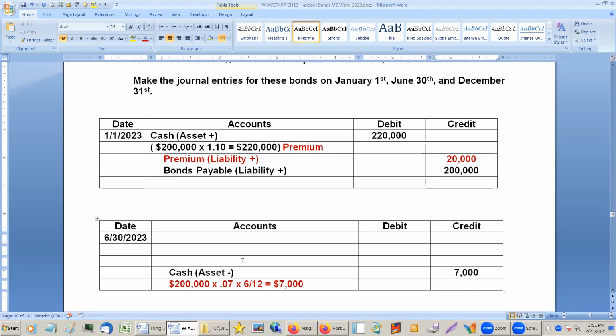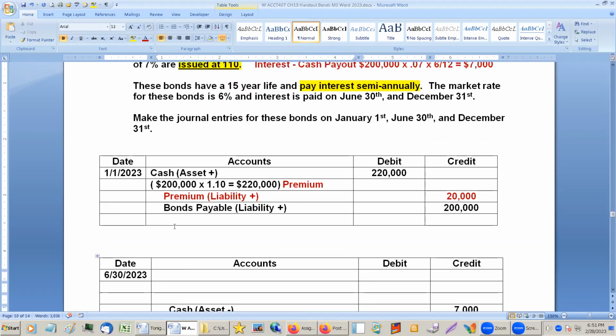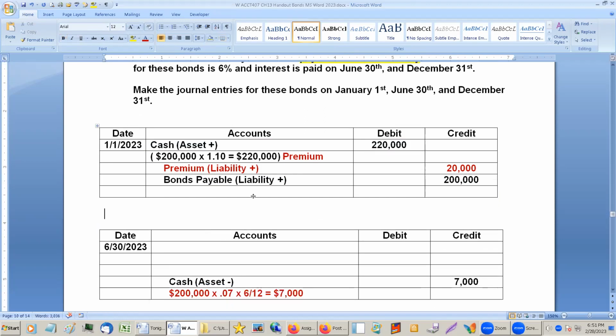Okay, now here's where it gets tricky. These two together are called the carry amount of the bonds. They're exactly the same as the cash payout for the first part. So it'll look like this.